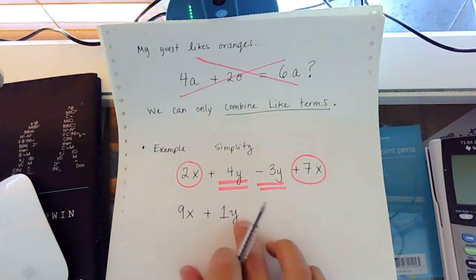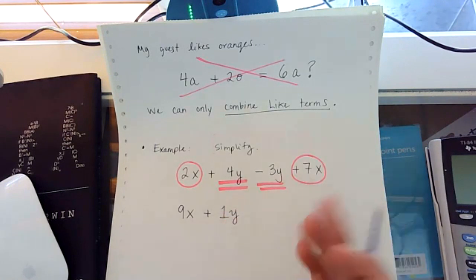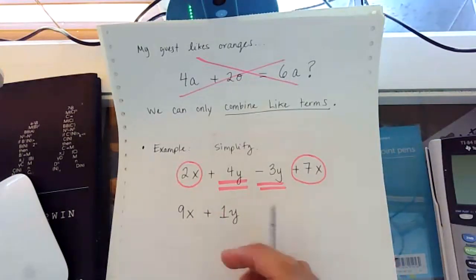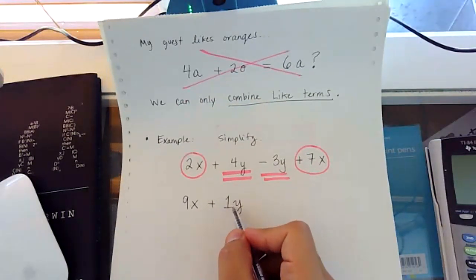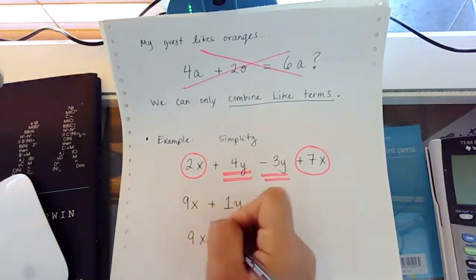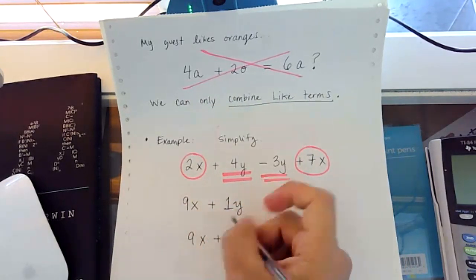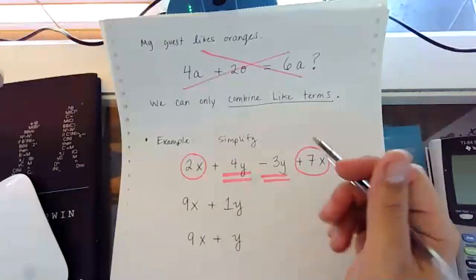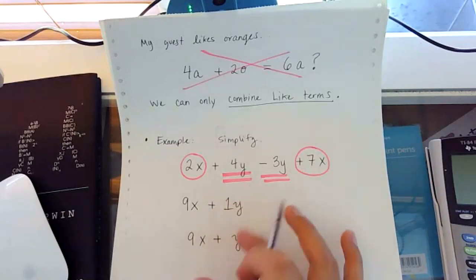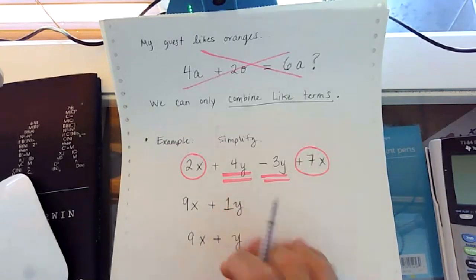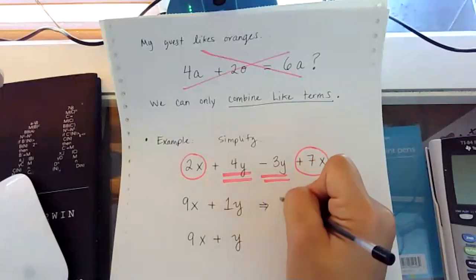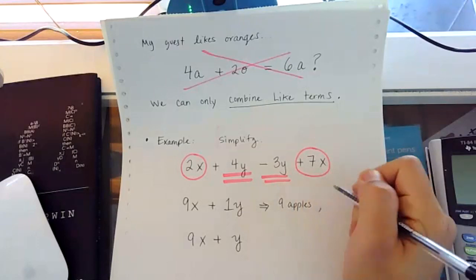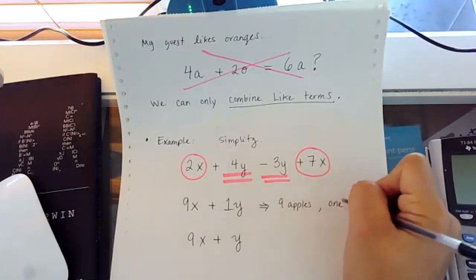It doesn't matter how much these bananas cost or how much these oranges cost. 1 times whatever the cost is going to be whatever that quantity is. So instead of writing a 1 here, I'm just going to simplify this a little bit further and say we have 9x plus y. The difference here is very minute. These are the same quantity. We just don't want to show this 1. And you can think about it like we have 9 apples and 1 orange.